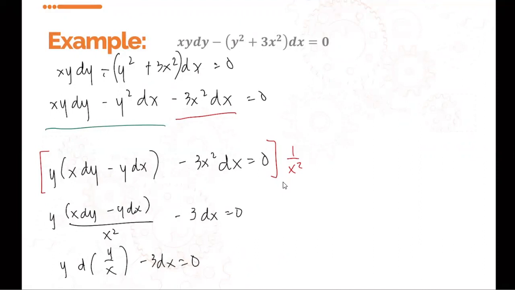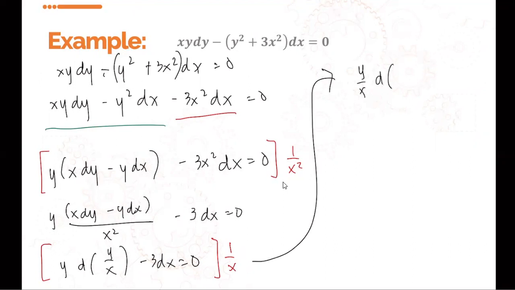Problema natin, yung first term natin, dapat naka y over x yung differentials natin dito. So, dapat yung term natin, pag nilagyan natin ng integration dito, dapat y over x siya. Nakalagay lang tayo ng x sa denominator. So, pwede, multiply ulit natin ng 1 over x pa ulit. Okay? So that will be d(y over x) over (y over x) minus 3 dx over x is equal to 0. Okay, mali. So now, we can now integrate the equation.